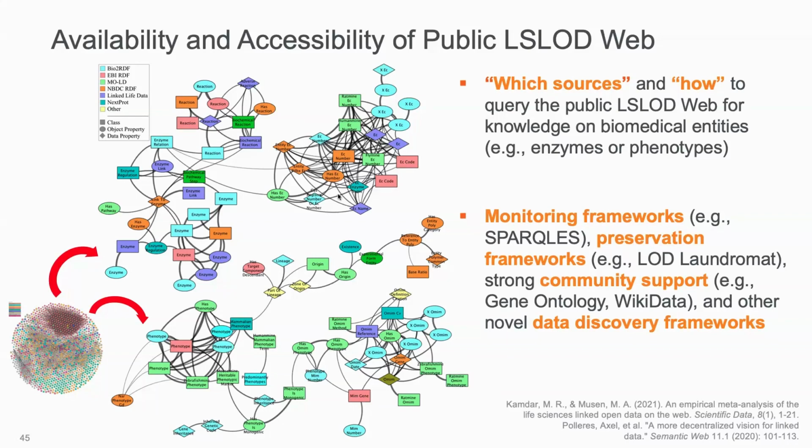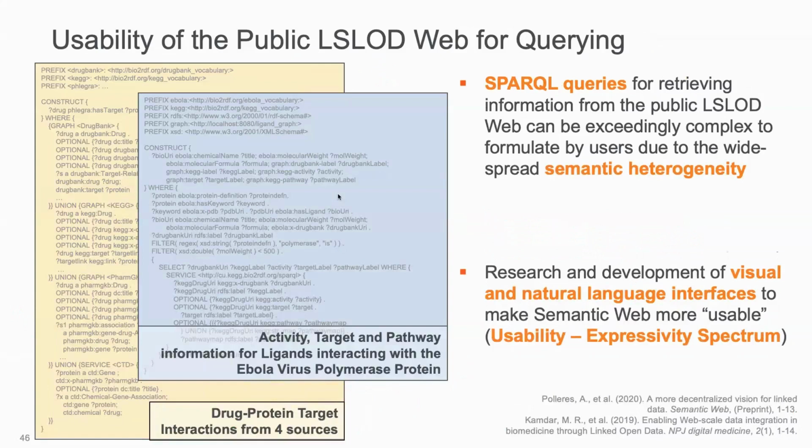For example, Wikidata has strong community support and several developers who can help you understand the knowledge graph. And there are other novel data discovery frameworks that can crawl across the linked open data web and look at the different schema elements that are present. But it's still very challenging to start working on this linked open data web.